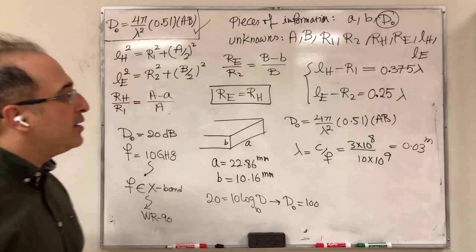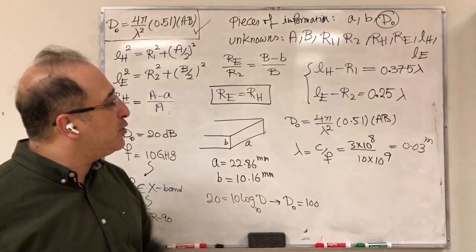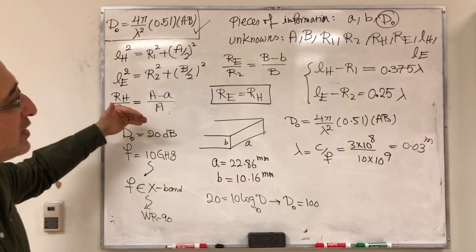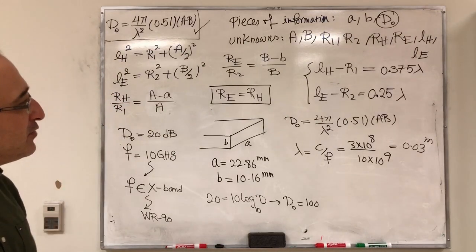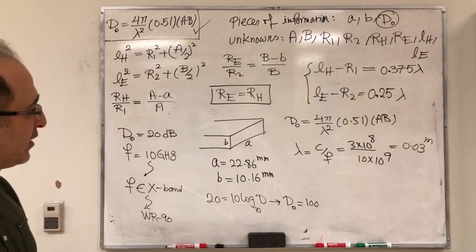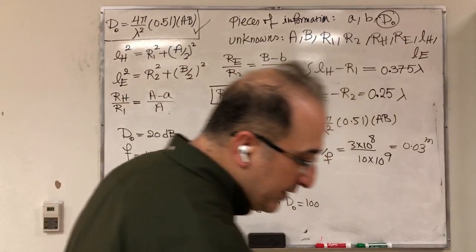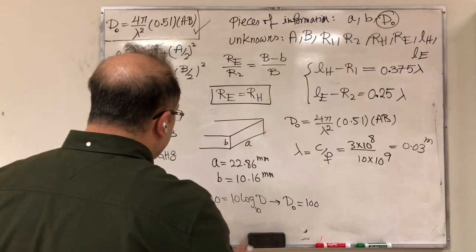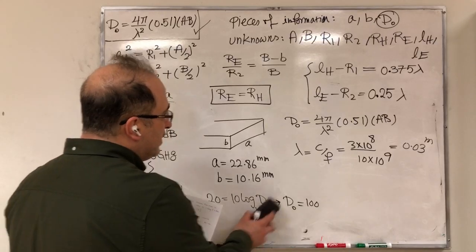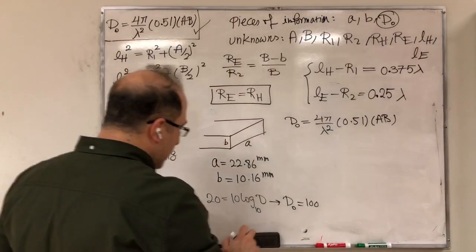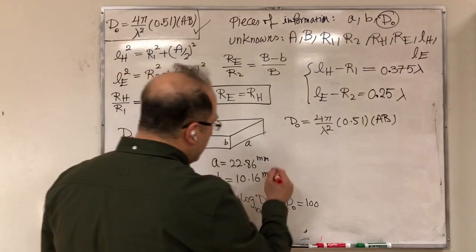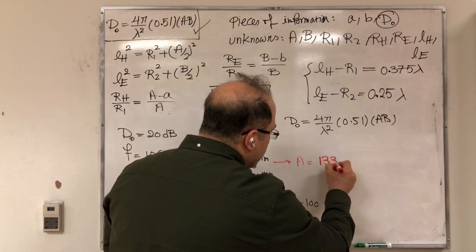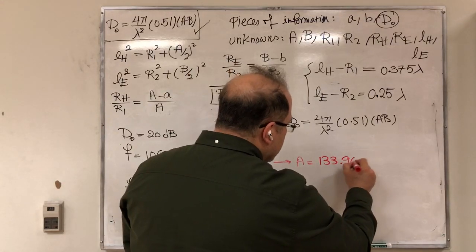So that's our lambda that you can substitute here. And the rest you can just write down all these equations to get the different dimensions of the horn antenna. For example, if I just look at the solution that I have here, let me write this beside that. I end up with capital A to be 133.96 millimeter.